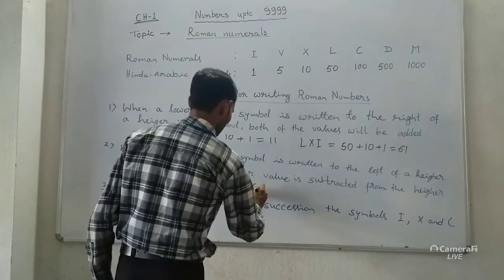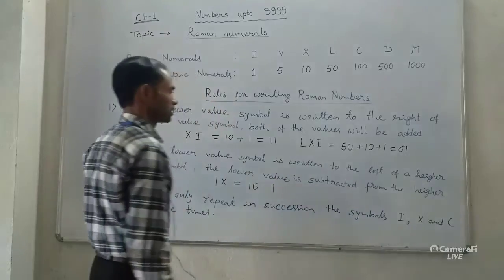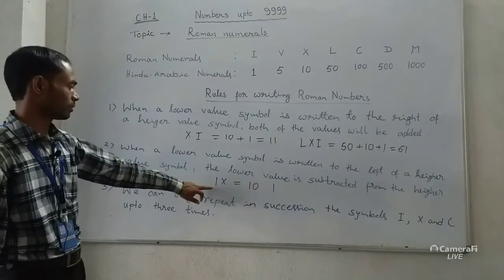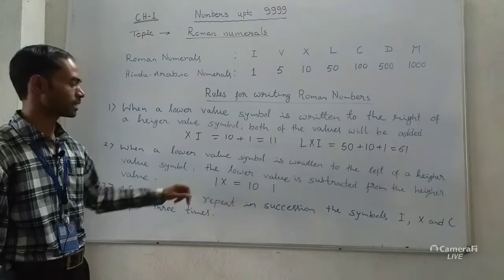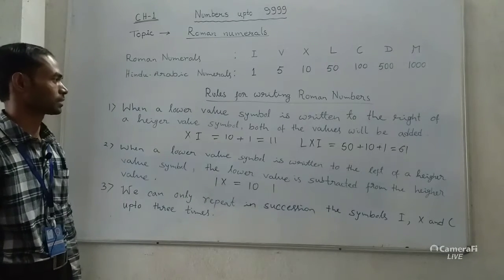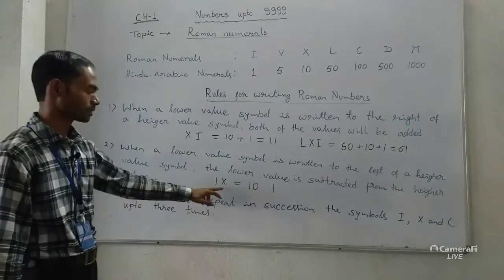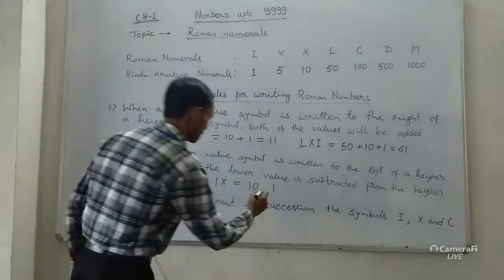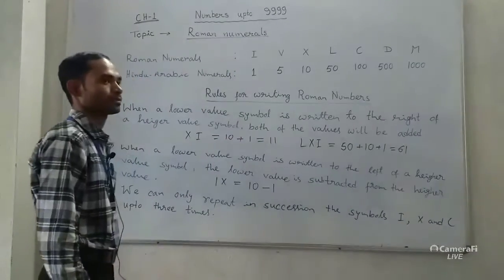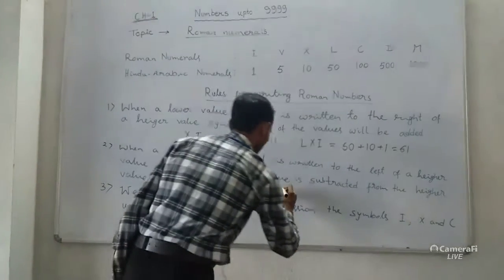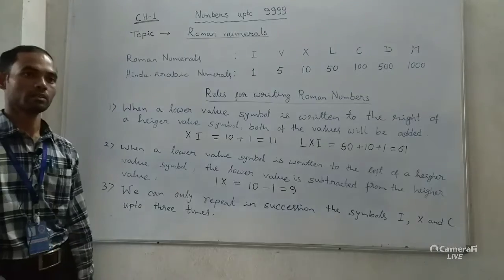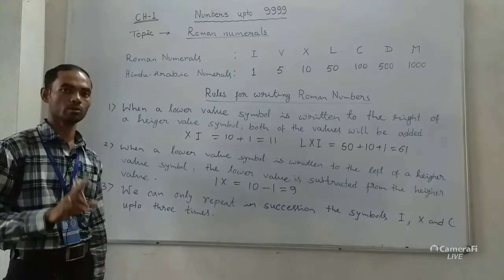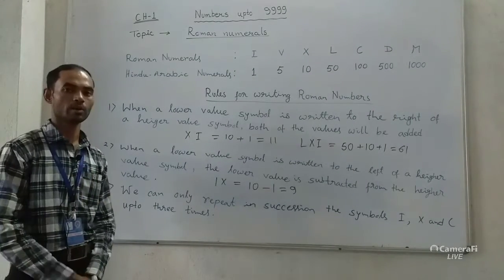As the value of I, which is 1, is less than 10 and it lies on the left side of X, the left side of 10, there should be subtraction. So we get 9. But subtraction is allowed only once, that means one time you can subtract.